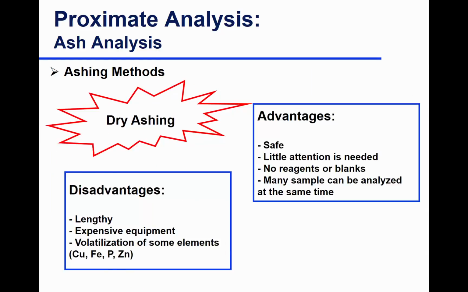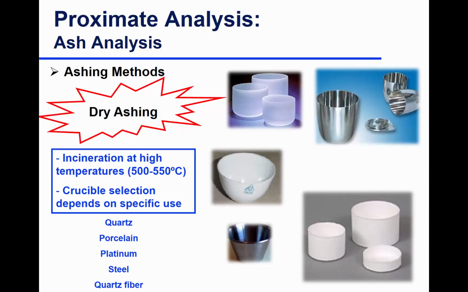For crucible selection, there is a wide range you can pick from. The most common one is porcelain, and that is basically what you use in the lab. It is not the most inert. That means it is not inert to alkaline, for example. If your sample is high in pH, it is not inert to that.